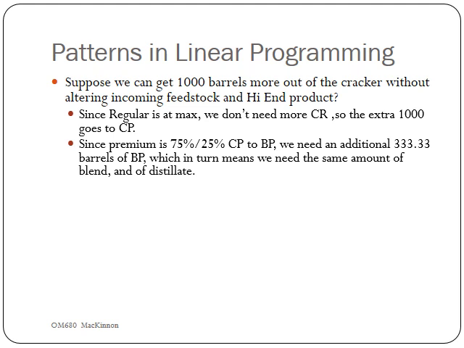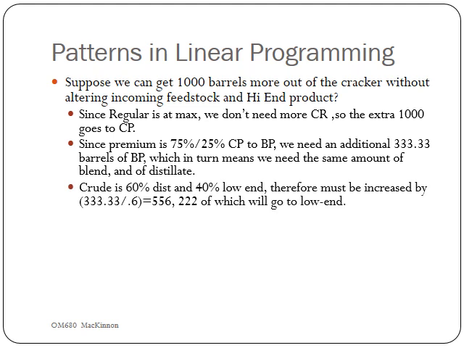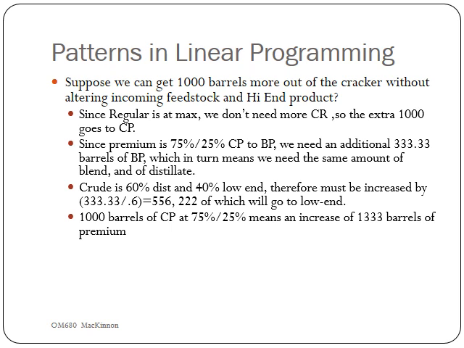Which in turn means we need the same amount of blend and of distillate. Crude is 60% distillate and 40% low end. Therefore, it must be increased by 333 divided by the 60%, or 556, 222 of which will go to low end. Is your head spinning yet? 1,000 barrels of CP at 75%, 25% means an increase of 1,333 barrels of premium.